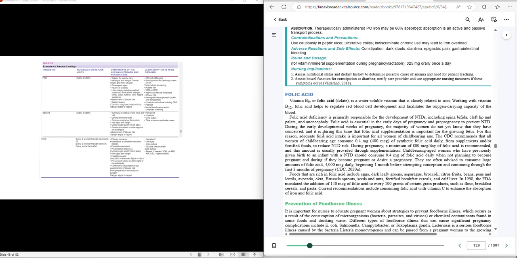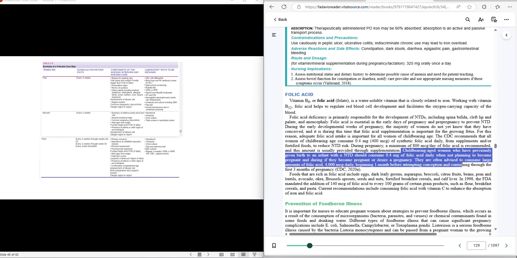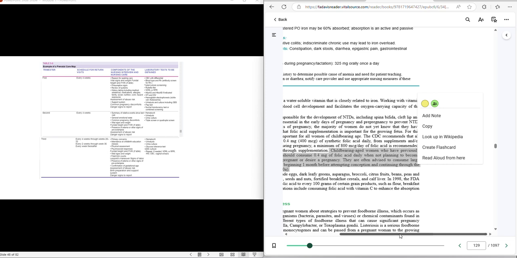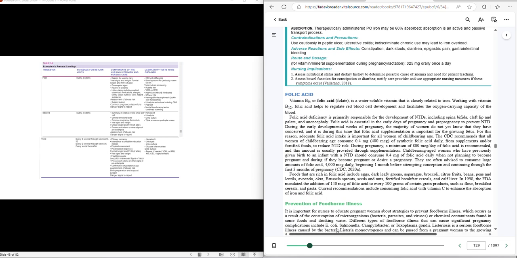Okay. This prevents neural tube defects, spina bifida, cleft lip, encephaly. So any patient in the childbearing age, okay, if you can get pregnant, whether you plan to get pregnant or not, if you're in childbearing age, you need to be taking folic acid.